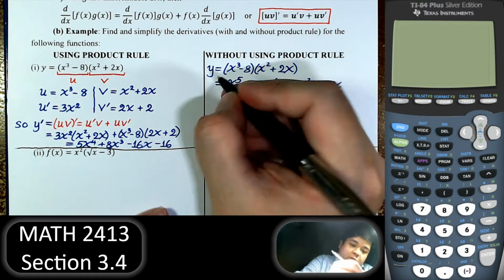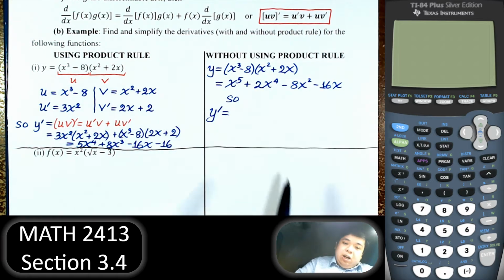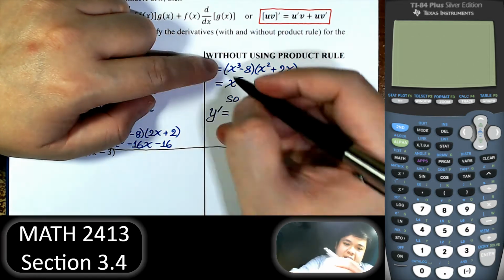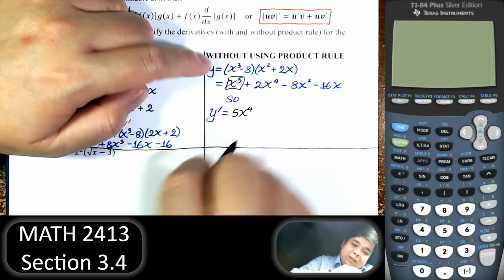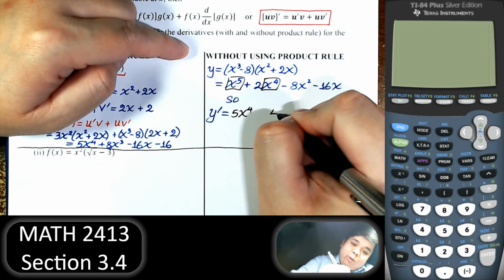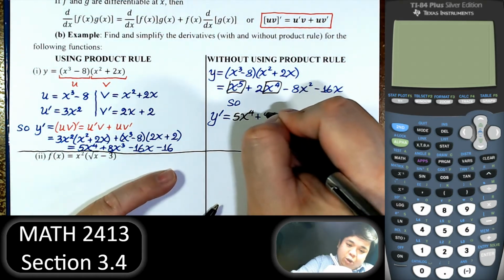And then we just take the derivative. The derivative of x to the 5th is 5x to the 4th. The derivative of 2x to the 4th: x to the 4th gives 4x cubed, with the 2 multiplied to it.